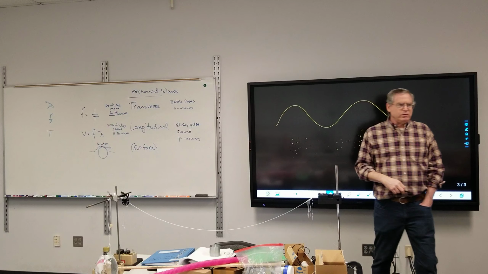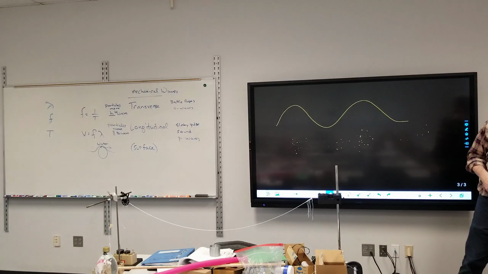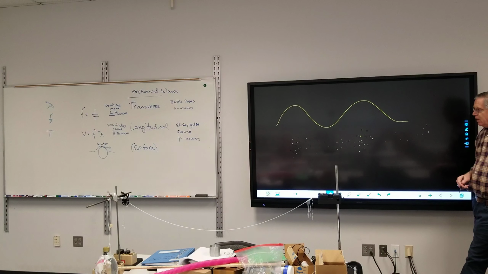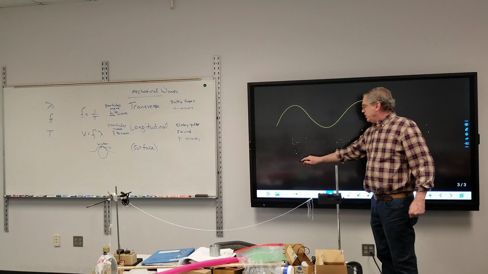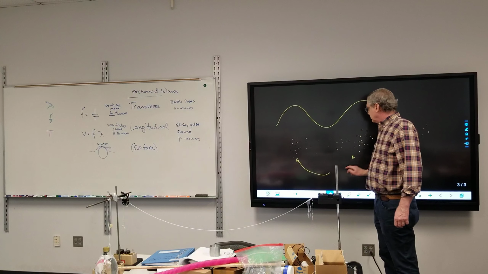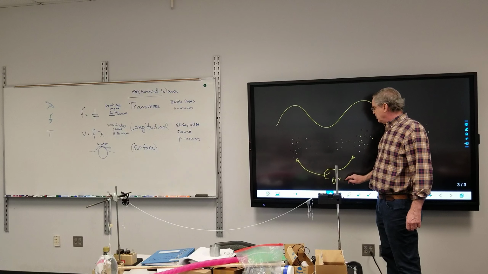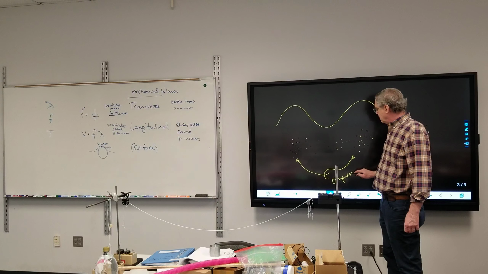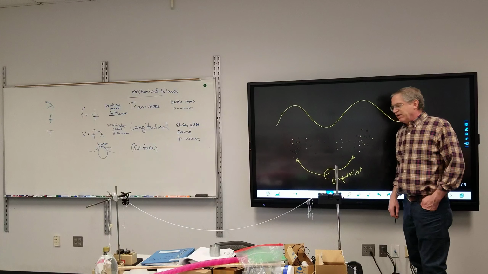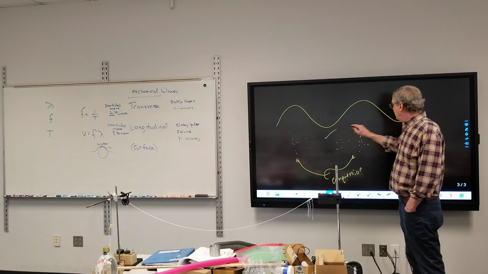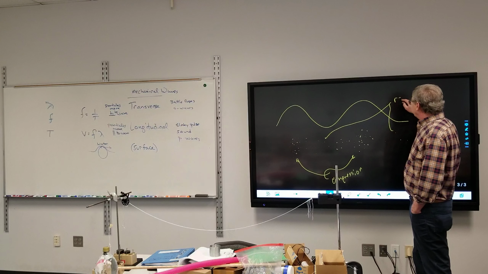This is not particularly easy to draw, especially quickly. Places where I have a high concentration of particles are known as compression. Places where I have fewer particles than normal are known as rarefaction.